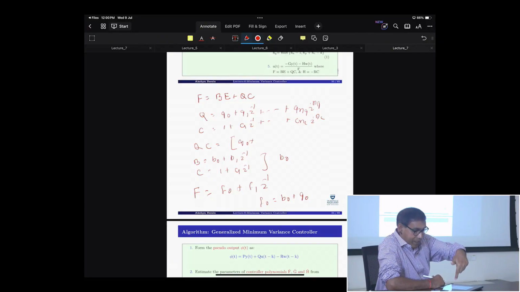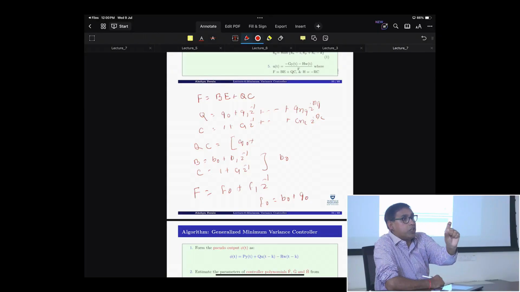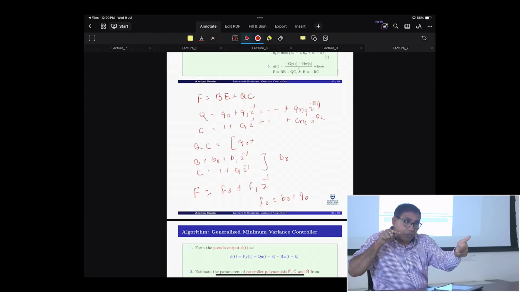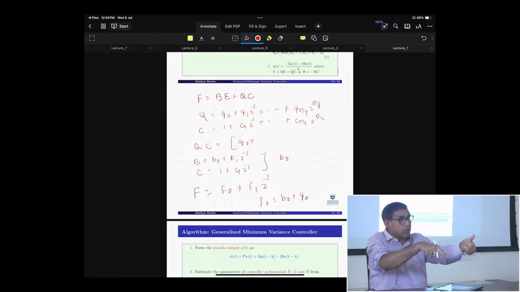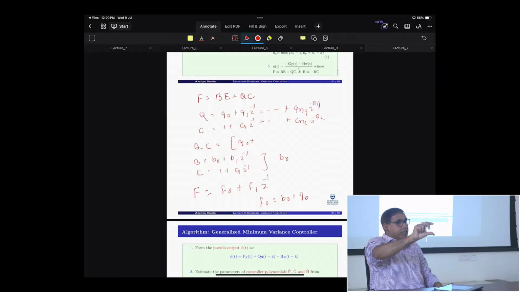The F0 component consists of B0 plus Q0. Q0 is the component which you are controlling. That is the tuning parameter. You know it. What you do not know is the system parameter B0.